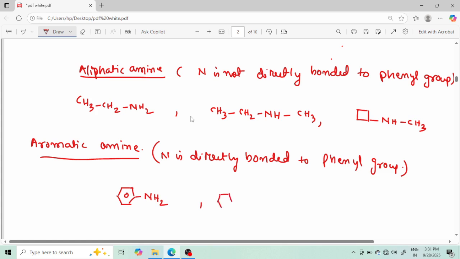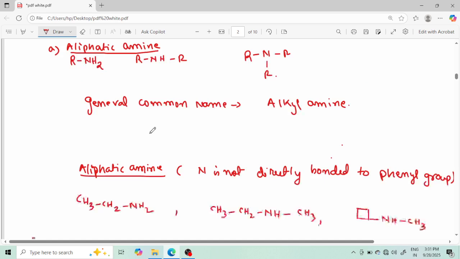Or there can be two phenyl groups also, or one phenyl and one alkyl group. But the main thing is that if this NH is directly connected to a benzene ring, sorry, phenyl group, then it is directly called an aromatic amine. Okay, so with this the difference is done.